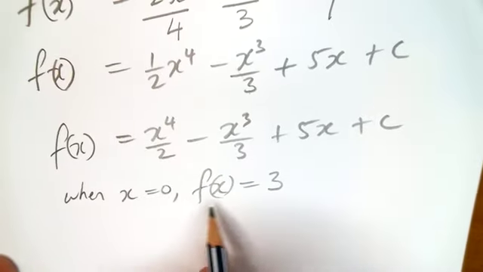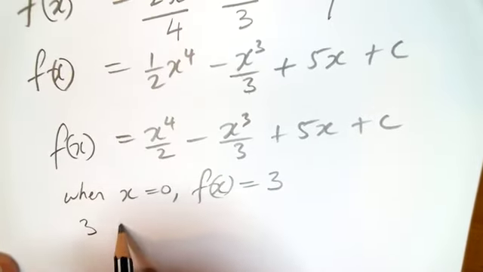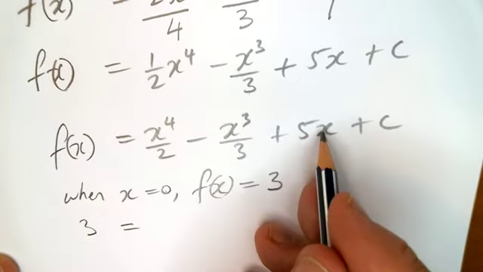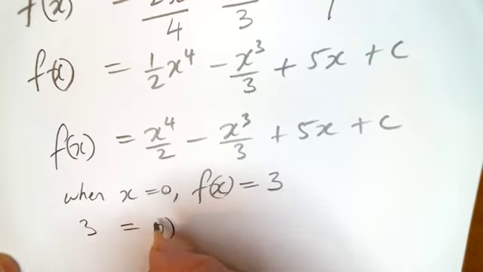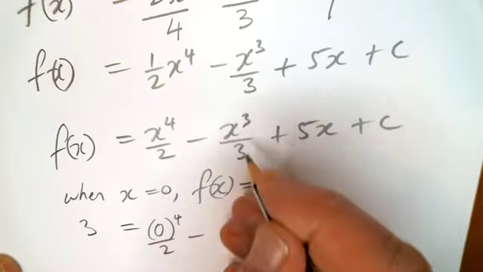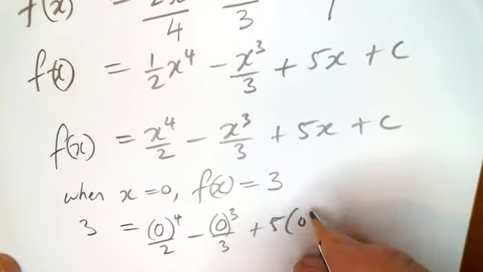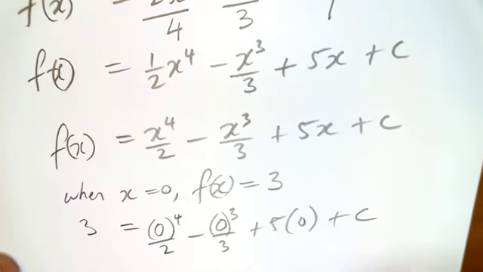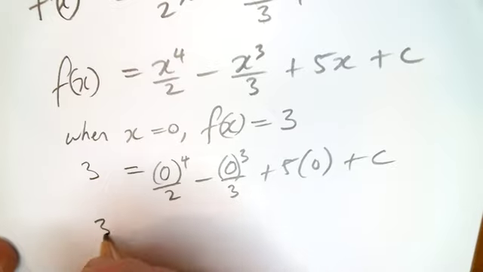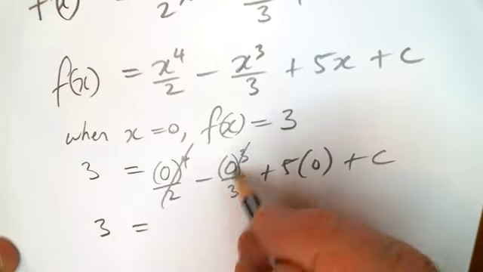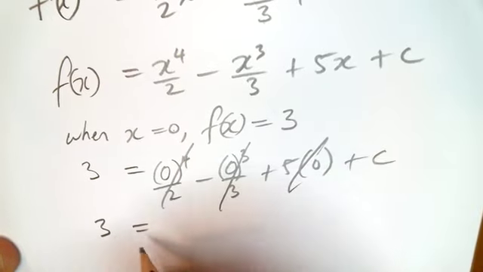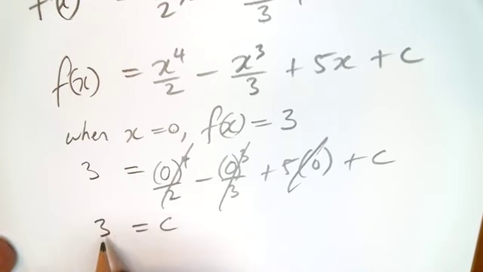Well, what that means is, this now is 3, and I'm going to replace 0 for all the x values. So it's going to be 0 to the power of 4 on 2, minus 0 to the power of 3 on 3, I'll put brackets around that, plus 5 times 0 plus c. So 3 is equal to, well, this becomes 0, this is 0, this is 0, and we've got a c left, so c is equal to 3.